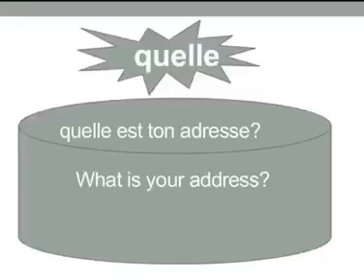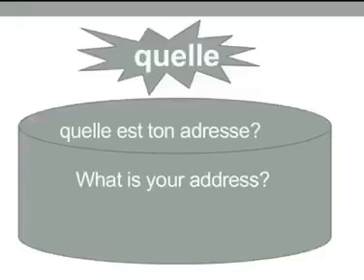Now there are some examples. There are some sentences which exemplify how the question words are used in a sentence. Now quelle, the spelling is Q-U-E-L-L-E, which is the feminine one. So here the feminine is used because address in the sentence is feminine. Quelle est ton adresse? What is your address?